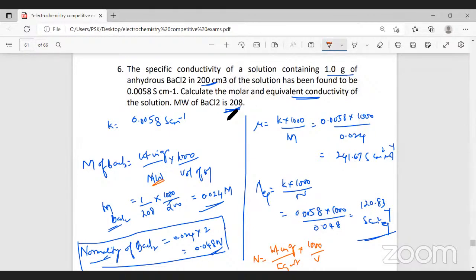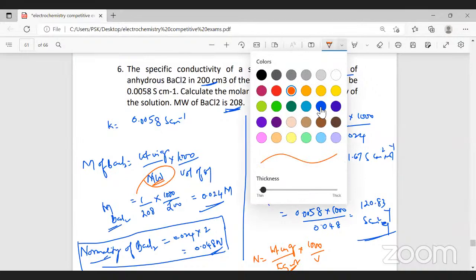So how do you calculate equivalent mass of barium chloride? It will be half of this because of Ba2+. So 208 divided by 2, it will be 104. If you substitute here 1 divided by 104 into 1000 by 200, you will get 0.048. So this is the same formula. The only difference is here it's molecular mass, here it is equivalent mass. Right? So pay attention. I hope you followed this.